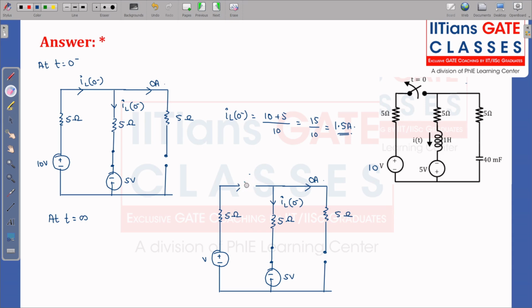This switch is opening. Once again, this inductor will be short circuited because t equal to infinite, this is also steady state, and the capacitor will be open. So if this is open, you can see there will be no path for the current to flow. So obviously I infinite is equal to 0 ampere.